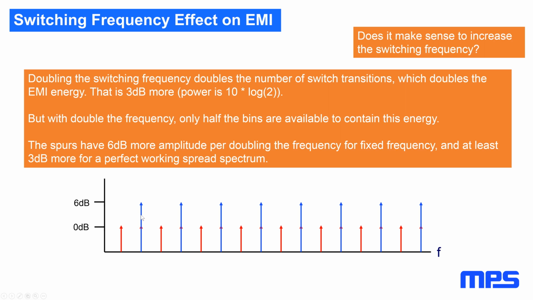However, on a fixed frequency switcher, you have an additional drawback: with doubling the switching frequency, not only do you get 3 dB more, but you only have half the bins, half the areas where your EMI energy concentrates. So in a sense, with the fixed frequency switcher, by doubling the switching frequency, you get 6 dB worse EMI energy. So it's not a very good idea to just go higher with your switching frequency just to get your stuff a little bit smaller.